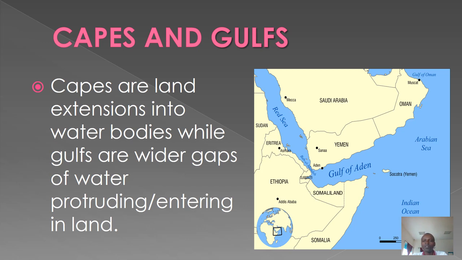This is an illustration whereby I hope you can see one of the gulfs, and that's the Gulf of Aden. There are other gulfs around Africa as well as capes. So I request you to get your atlas and check for all the capes and gulfs around Africa.